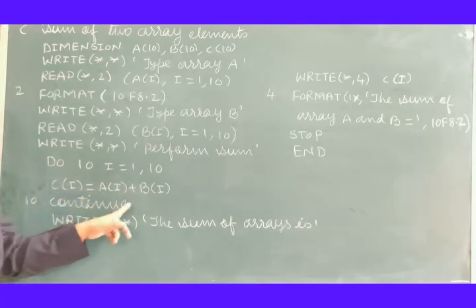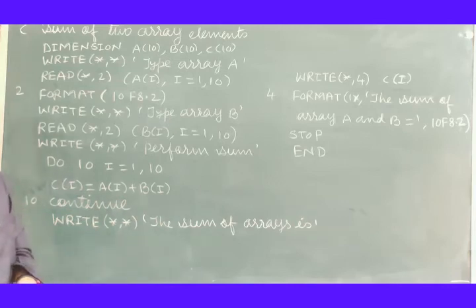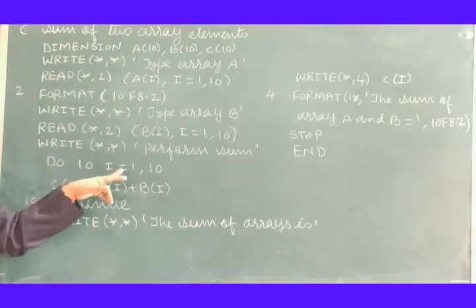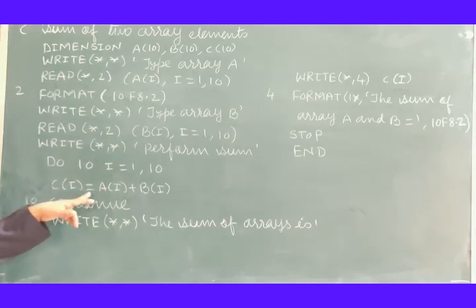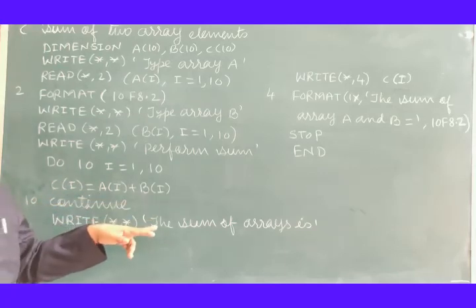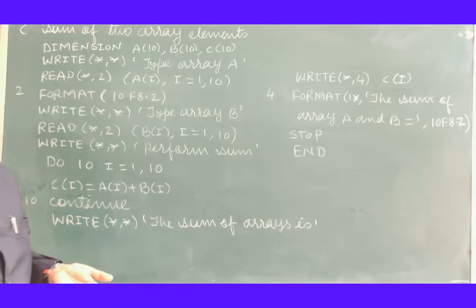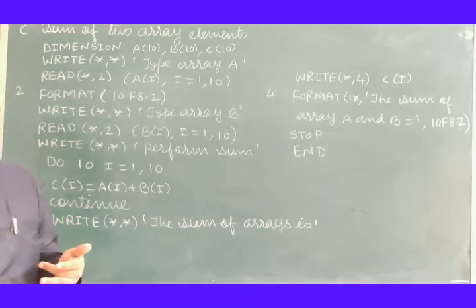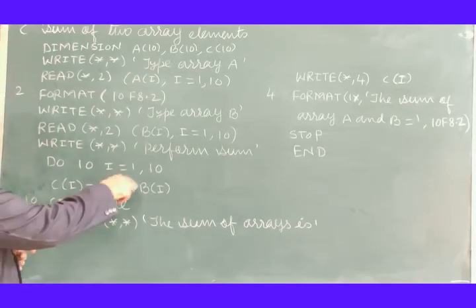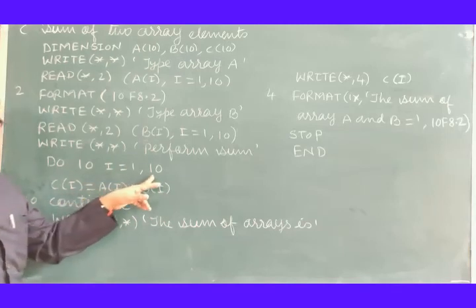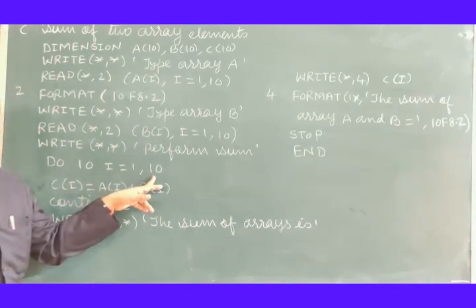C2 is equal to A2 plus B2. Sum of the second element of array A and array B is done. Control goes here, continue. Go back to the do loop. I will be 3. C3 will be equal to A3 plus B3, that is, the sum of the third element of array A and the third element of array B is performed. This is continued till I reaches the final value.